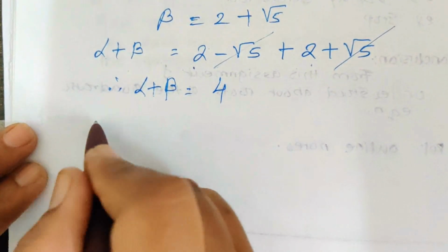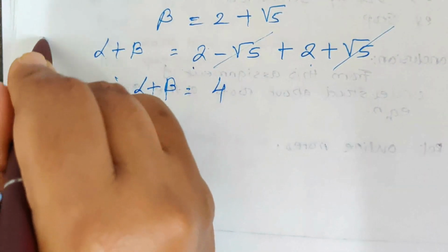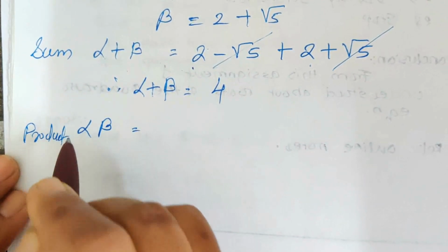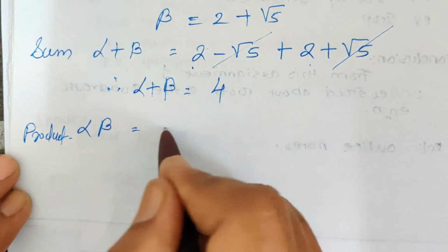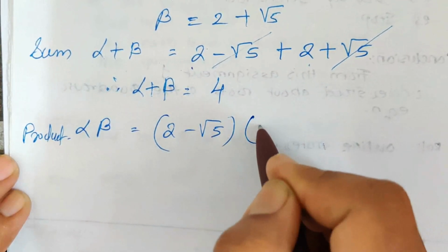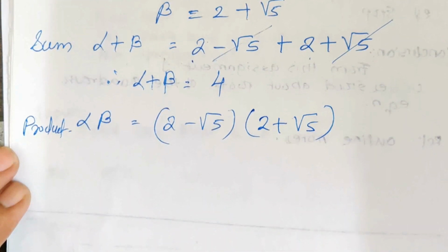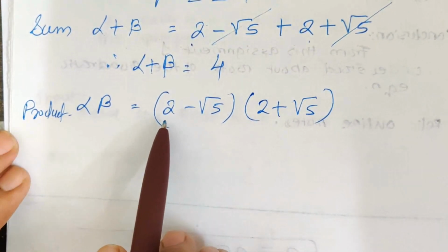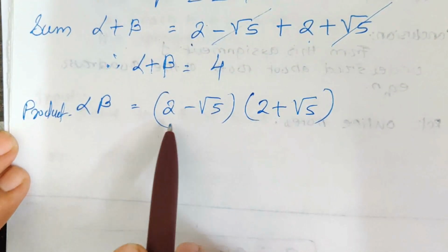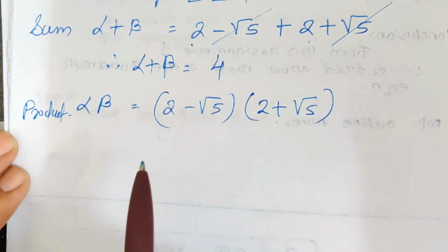Secondly, we will take the product, that is alpha into beta. You can write the sum here and the product here. You can explain the example in your own words. So the product is equal to 2 minus root 5 multiplied by 2 plus root 5. If you observe, these are the factors, first a minus b and second a plus b. So according to that, a minus b into a plus b is equal to a square minus b square.